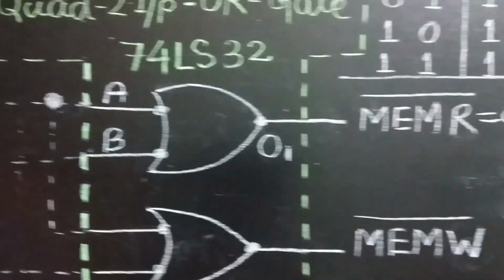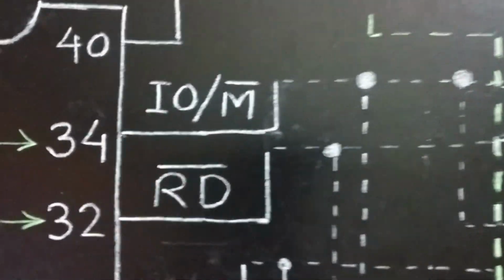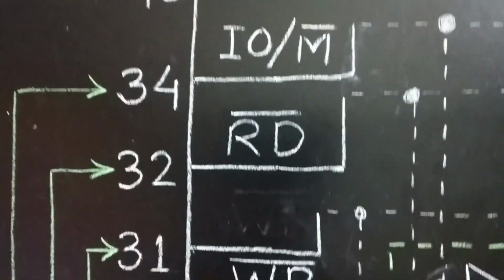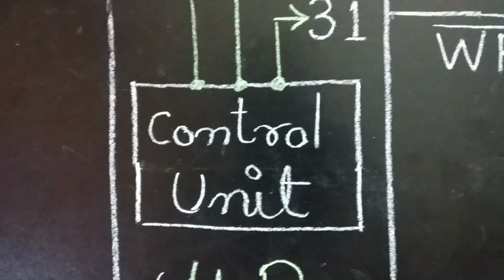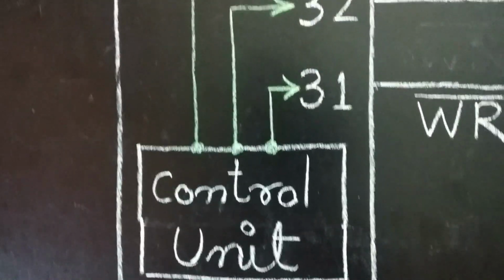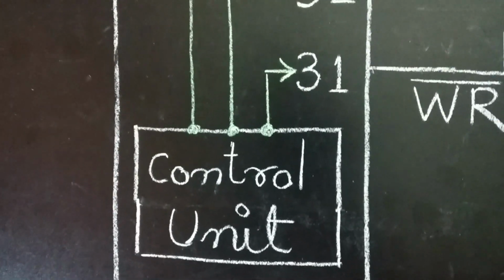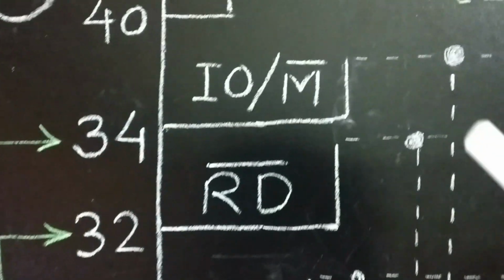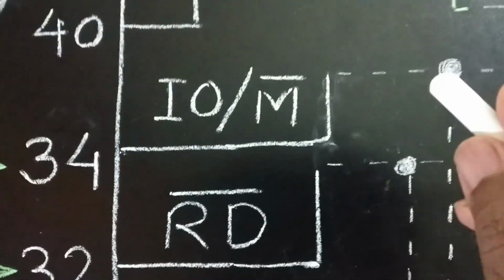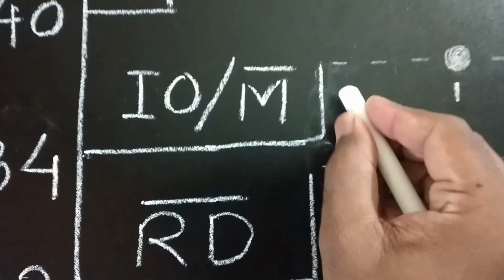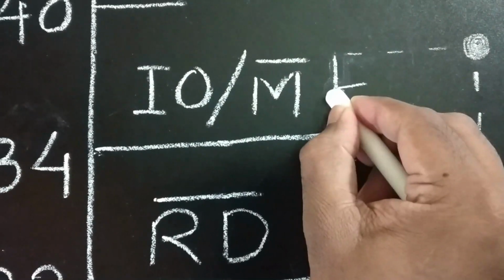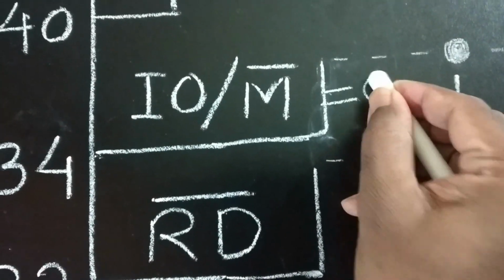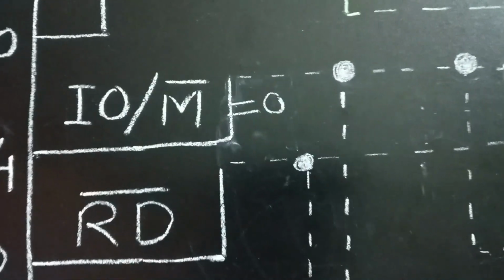And when it should be generated, whenever we should have a memory operation generated from the control unit of the microprocessor, the control unit will activate this IOM bar signal for memory operation as equal to 0, because it is a memory operation.